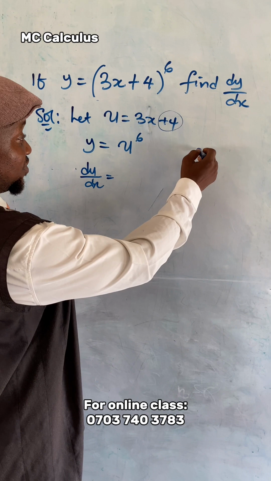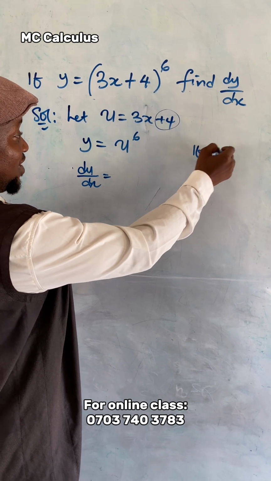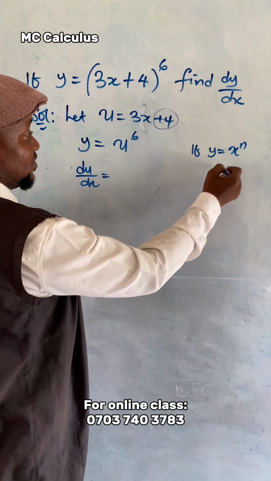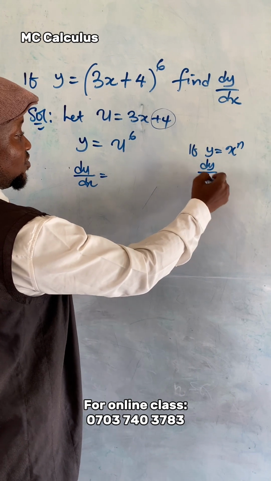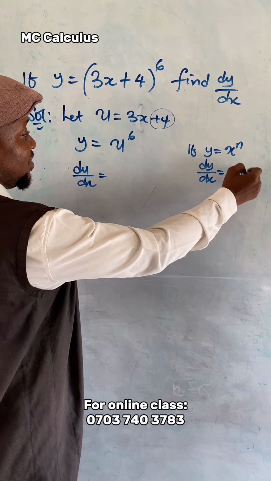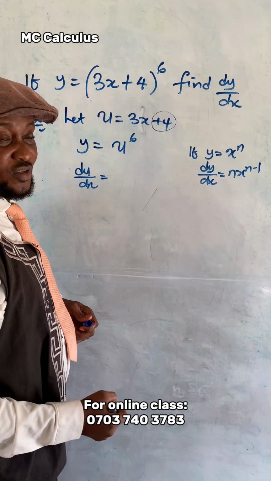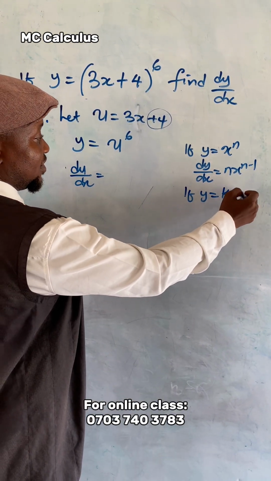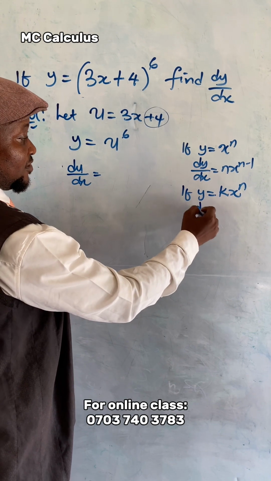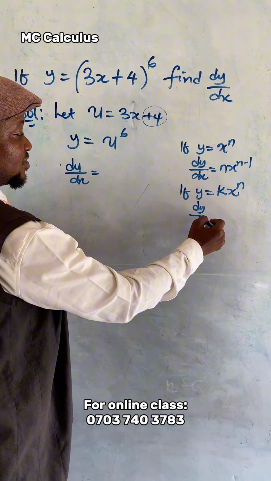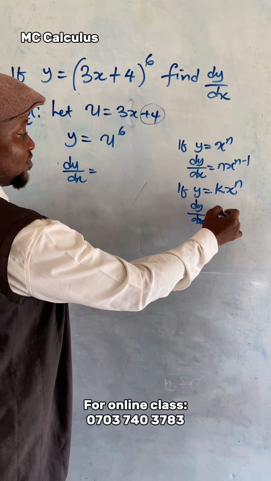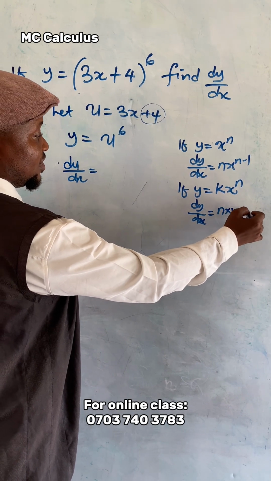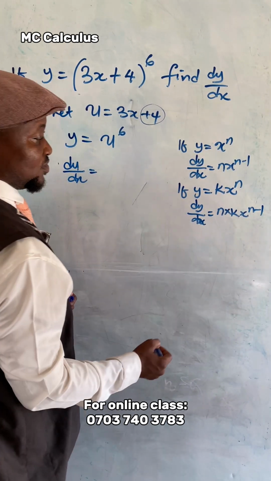Because from the law of differentiation, if y equals x to the n, dy/dx equals n x to the n minus 1. And if y equals k x to the n, dy/dx equals n times k x to the n minus 1.